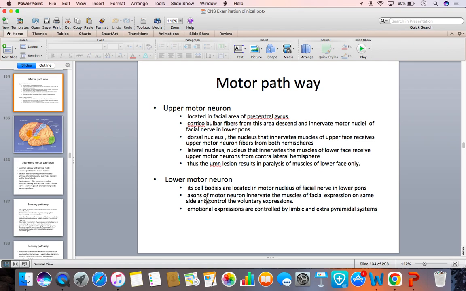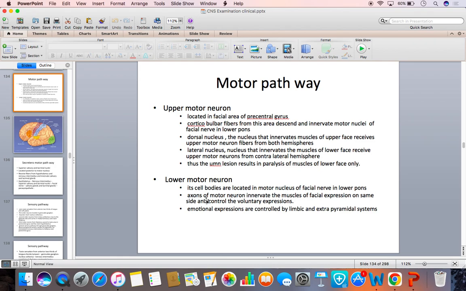Whereas the lower motor neuron, which starts from the nucleus of the facial nerve, runs downwards to exit at the level of the pontomedullary junction and supplies the muscles on the same side of the body in order to carry out voluntary expressions.